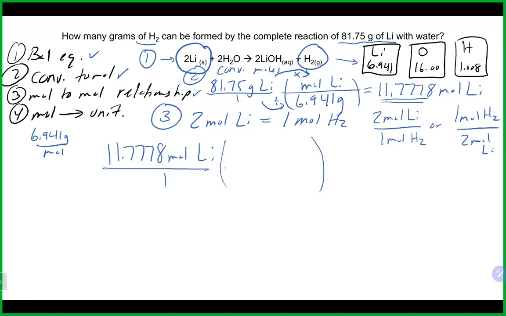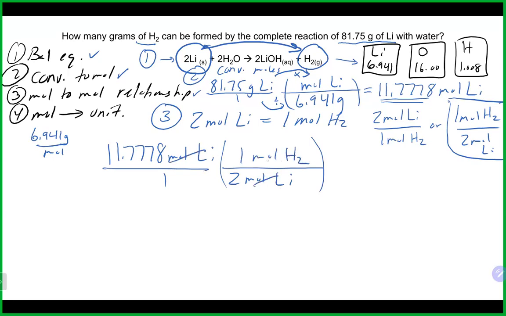So hopefully that makes it an easy decision that here we will need to use the conversion factor on the right, as that will get rid of lithium, which we no longer want, and take us over to hydrogen using the equation as a conversion factor. So 2 moles of lithium, 1 mole of H2.